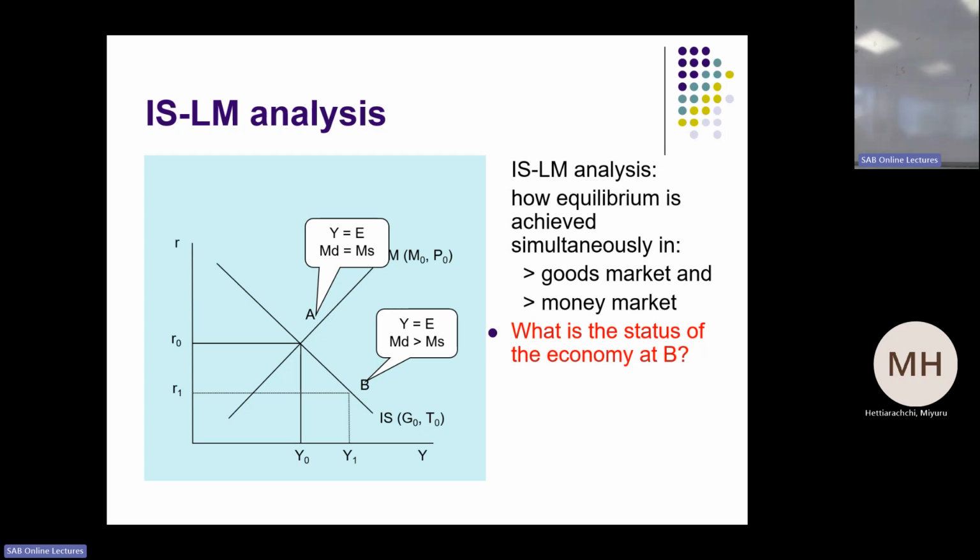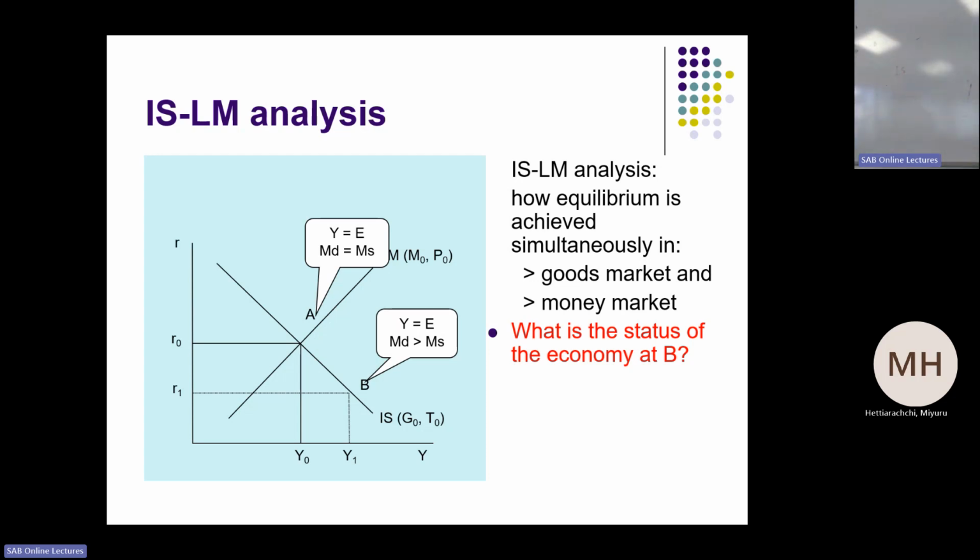That means aggregate supply is higher than aggregate demand, right? So since there is excess supply of money, what happens? The interest rate should decrease. Since there is excess supply of goods, income should decrease, right? So this is not a stable point.